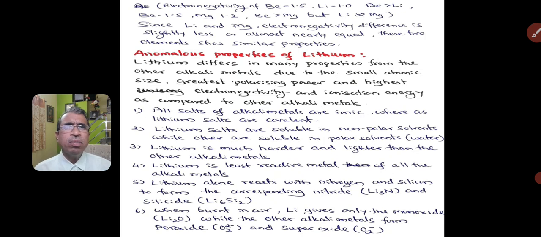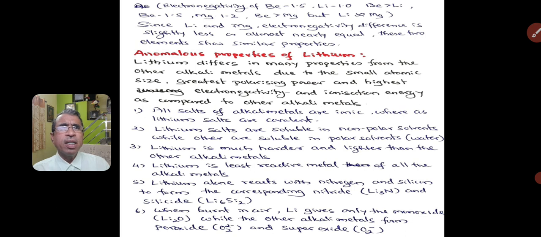Here I have shown the values. Electronegativity of beryllium is 1.5, lithium is 1. Therefore, the electronegativity of beryllium is greater than lithium. Electronegativity of beryllium is 1.5, magnesium is 1.2.